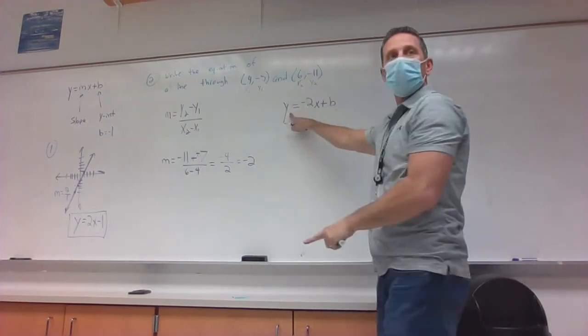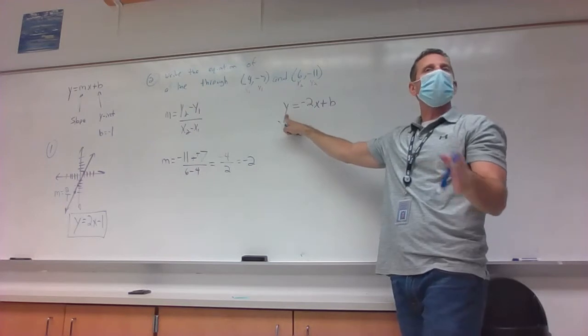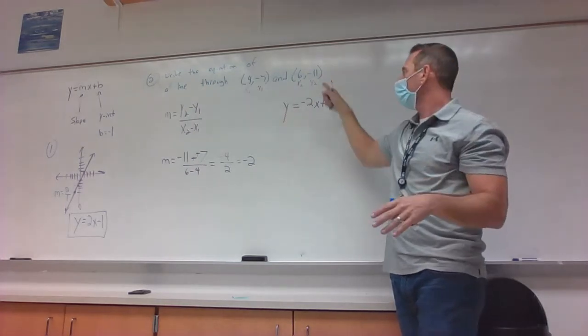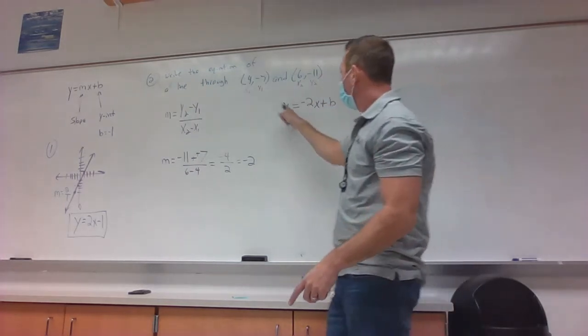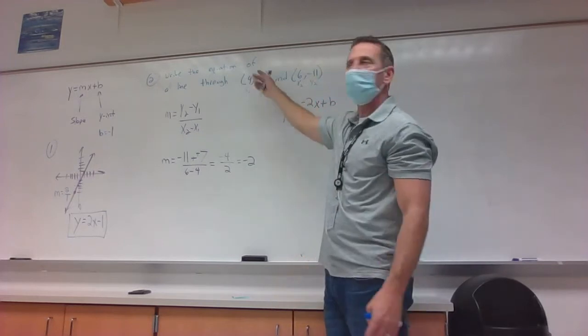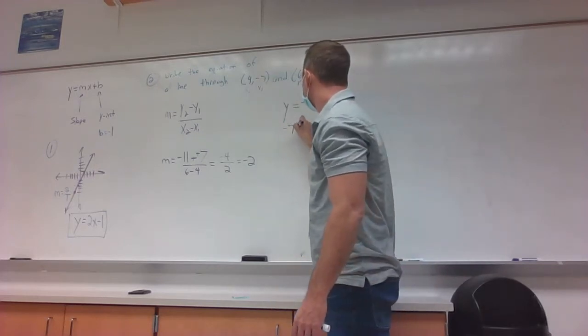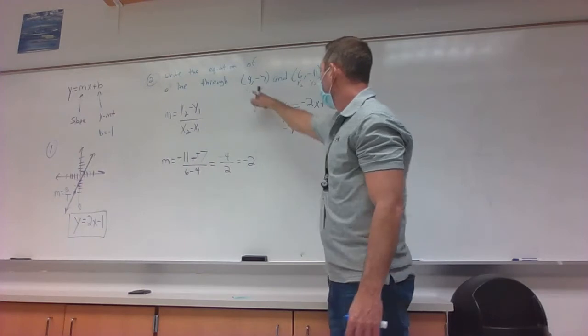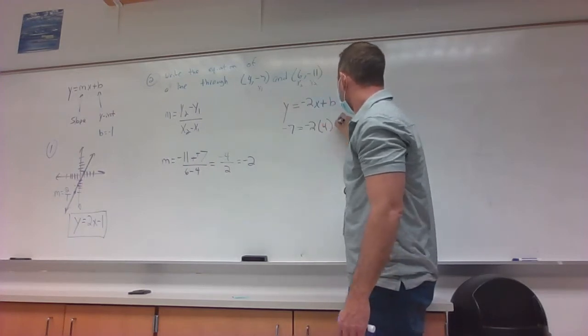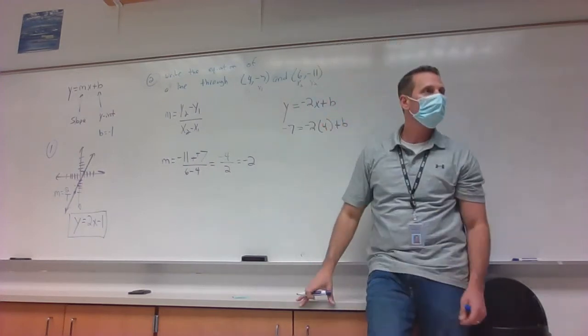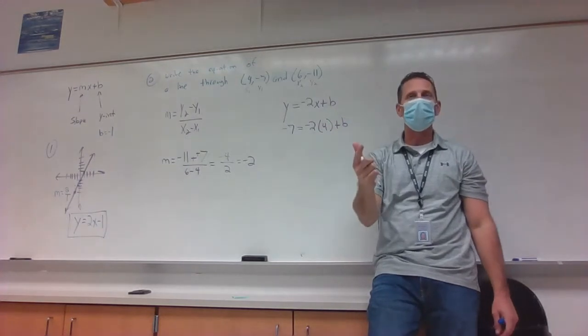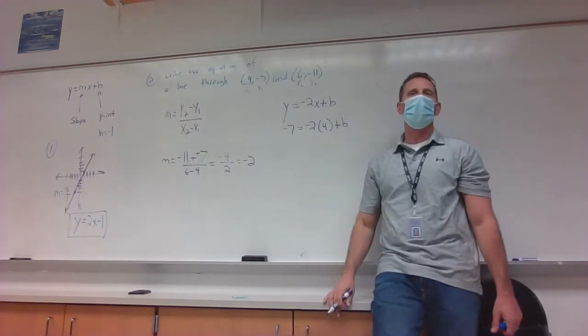We can plug them in. So we're going to substitute in the other stuff that we know and then solve for b. So y, we'll just use this point, is negative 7, negative 2 times x, which is 4, plus b. So we substituted in m after we found it, and now we're plugging in x and y.